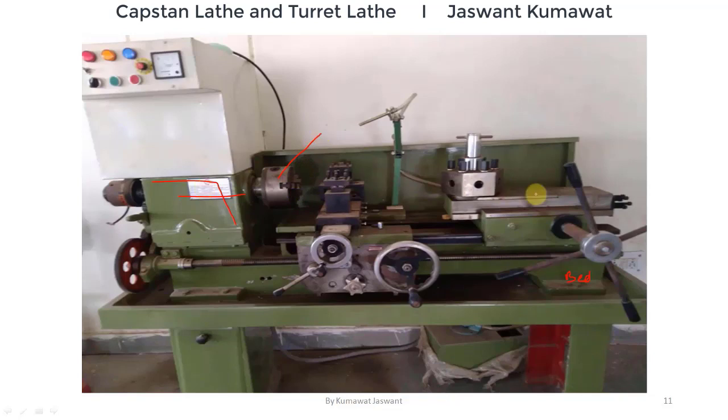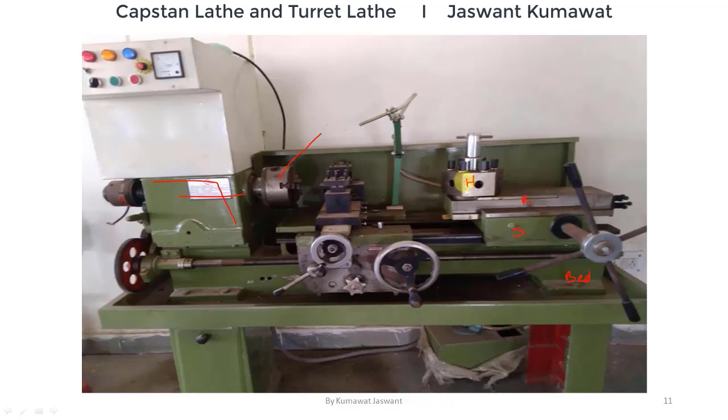On the right side of this bed there is a saddle. This is saddle which is mounted on guideways provided on this bed. On the guideways machined on this saddle there is ram, and this is hexagonal turret. This hexagonal turret is mounted on the ram.